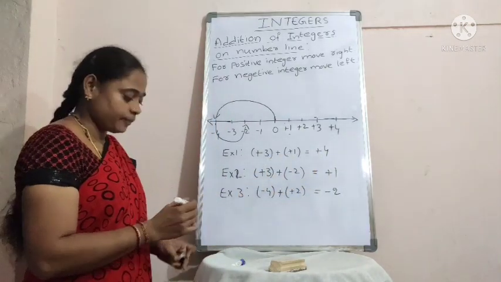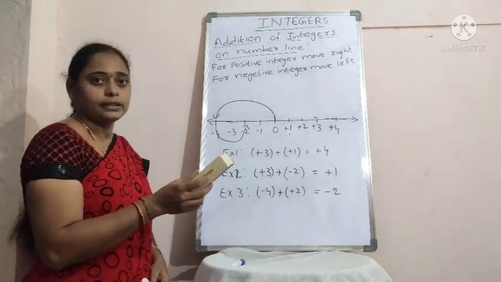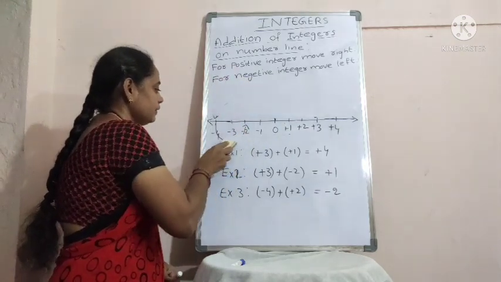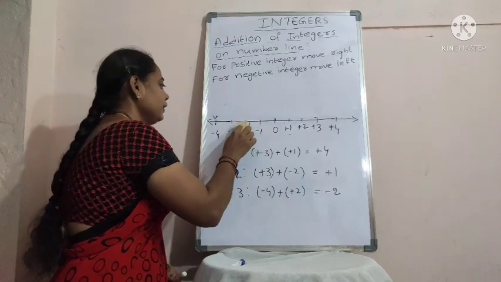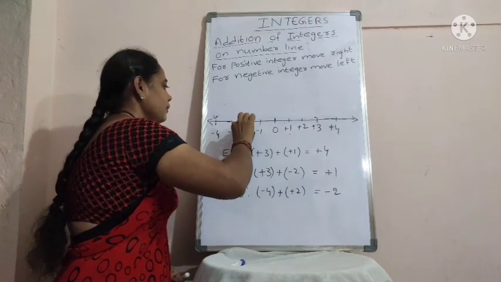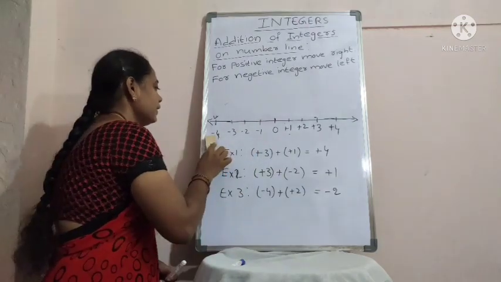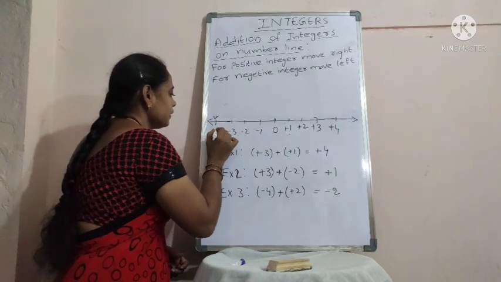Okay students? So for positive integer we move right. For negative integer we move left. These 2 points are very important. By using these 2 points we can easily do addition and subtraction.